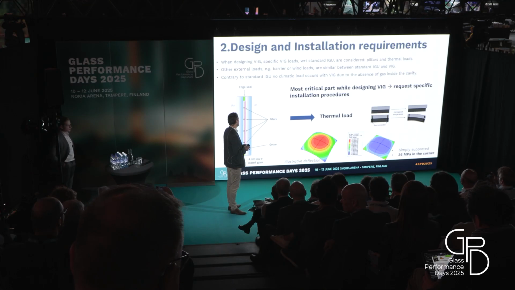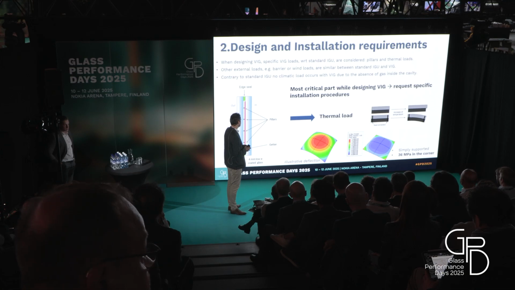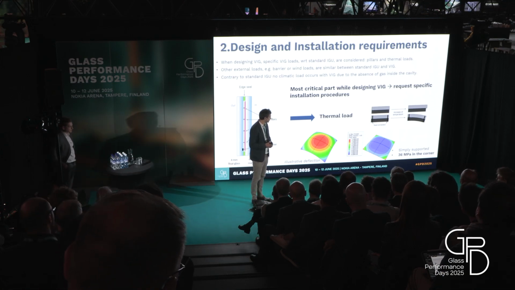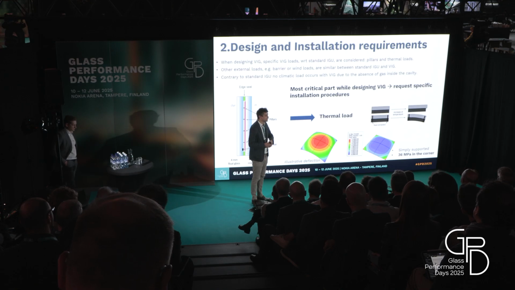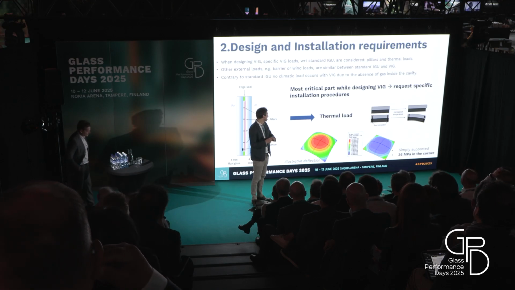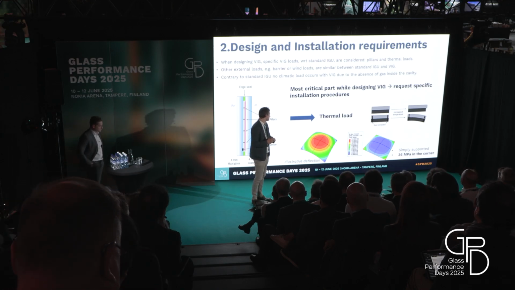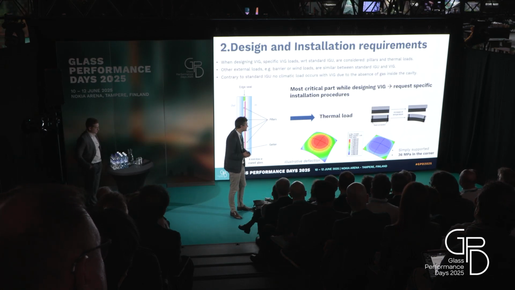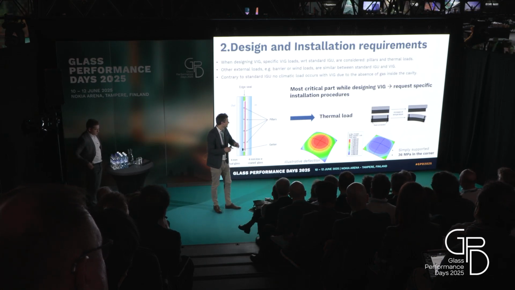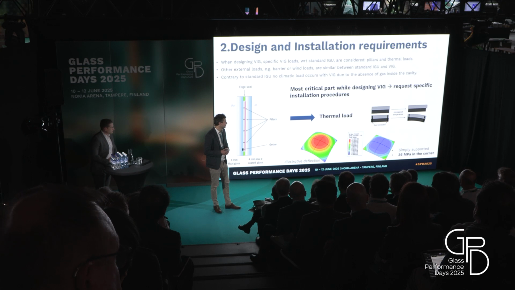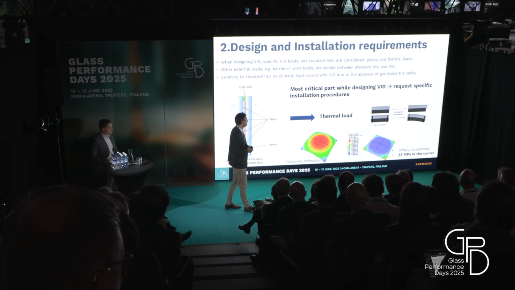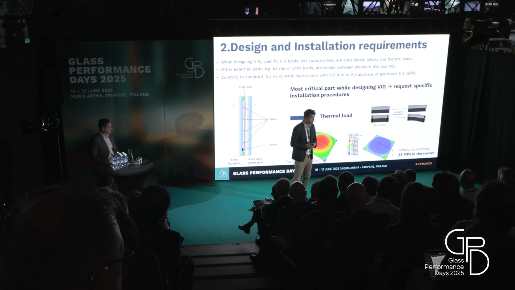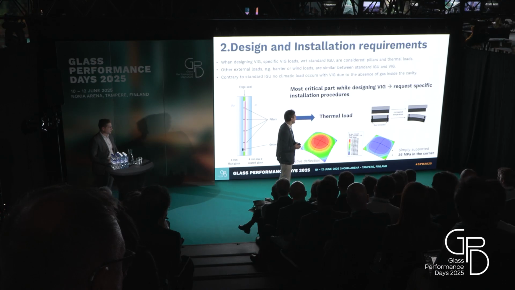We took a numerical simulation here for a freestanding VIG for the thermal load, and theoretically, the VIG will bend, and you have a specific load in the middle. But most of the time, the VIG is installed, fixed in the frame, and so if you look at the stress, it is not in the middle, but located on the edge of the VIG.